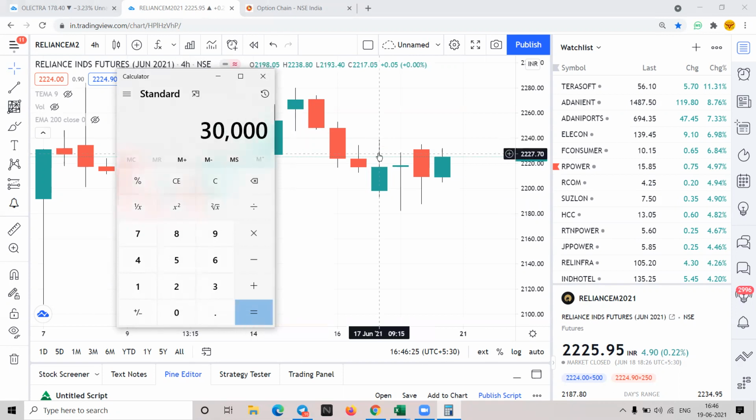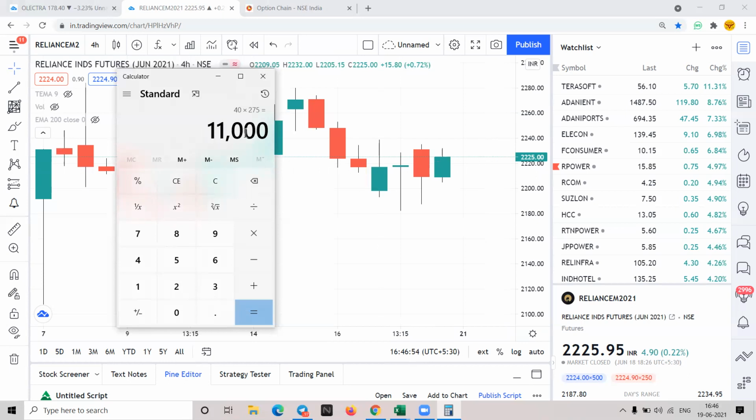And if Reliance goes from 2,225 to 2,500, there is an increase of 275, right? 40 into 275 is what? So you're getting an 11,000 profit on an investment of 30,000.